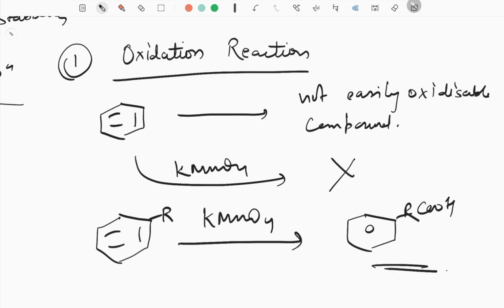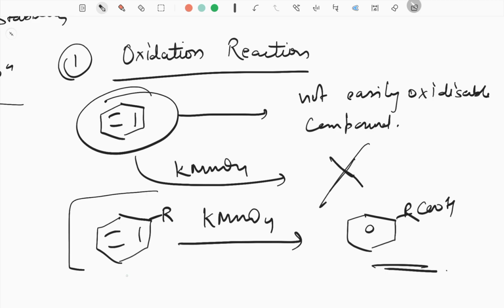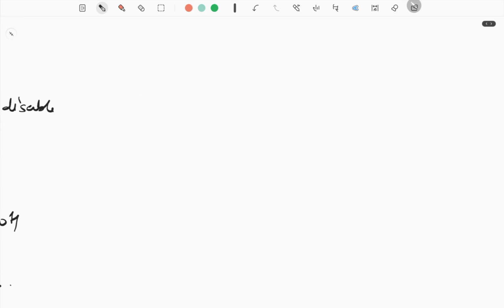Right? Benzene or aromatic compounds are not favorable to oxidation reaction, but their alkyl substituted derivatives may give the reaction. Number 2 is combustion.